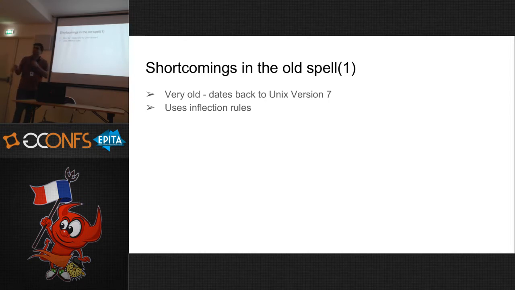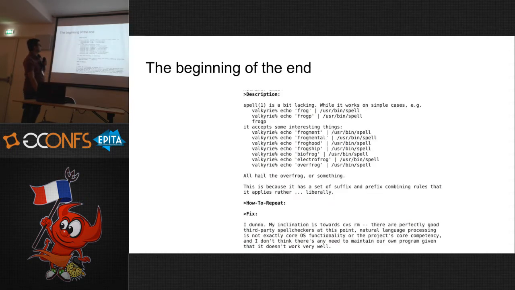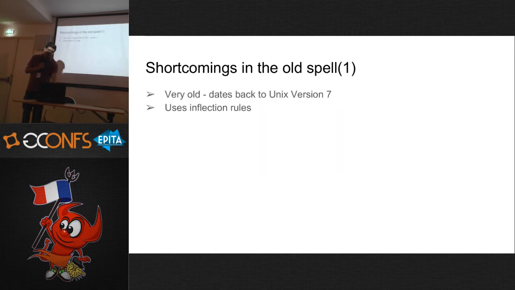Similarly, it will check for all the suffixes and remove those. Finally, whatever is left, it will check whether that word is in the dictionary or not. So these are all popular suffixes: fragment, fragmental, froghood. If you add any suffix to a word, spell will think it's a valid word, because if you remove the suffix, whatever remains is also a valid word. While it's a handy trick, it's quite inaccurate.